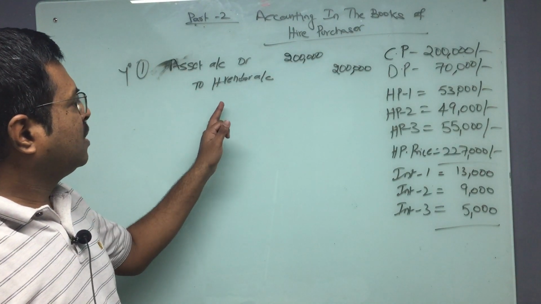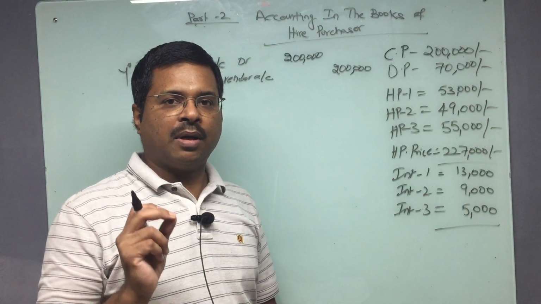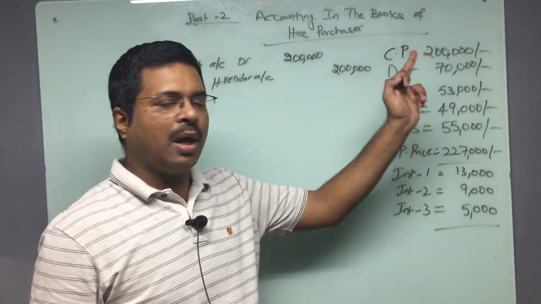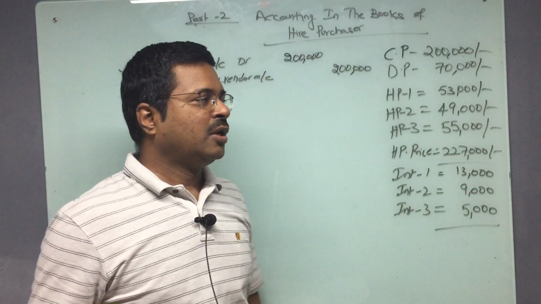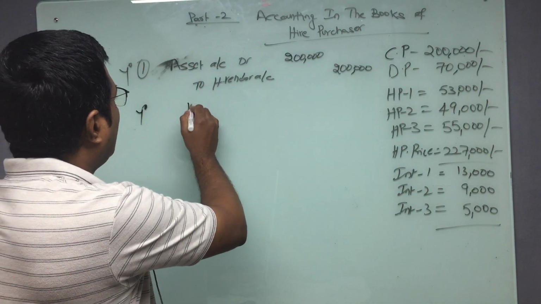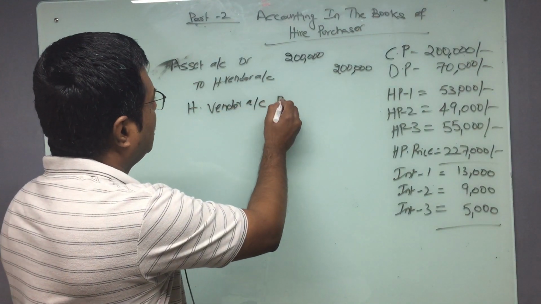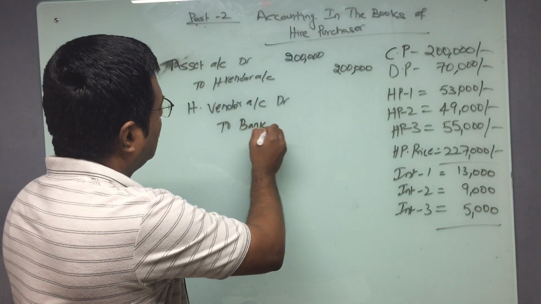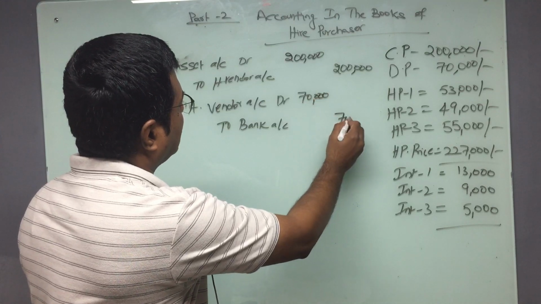Next, after purchasing the asset, the hire purchaser gives a down payment to the hire vendor. How much is the down payment? It is 70,000. So year 0, second entry: hire vendor account debit to bank account 70,000.